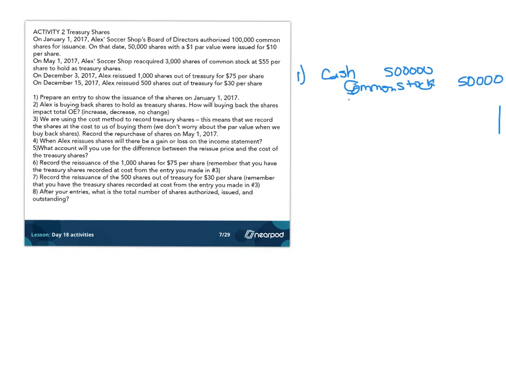And then we had additional paid-in capital, common, which would be the balance of that entry, so $450,000. Oh, that is just not really written very well.